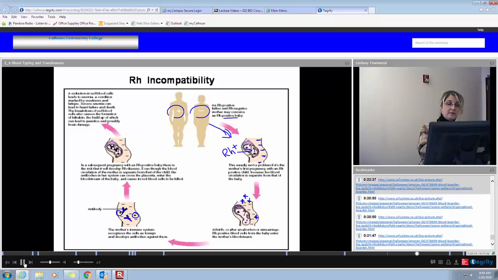Well, next time mom gets pregnant, she had better hope that the baby is Rh negative. Because if the baby is Rh positive, her immune system has already created antibodies that are going to bind with the red blood cells of this baby. And remember what happens when antigens and antibodies bind. Agglutination occurs, and suddenly this baby's body cells are starved because the agglutination doesn't allow for the transport of blood.